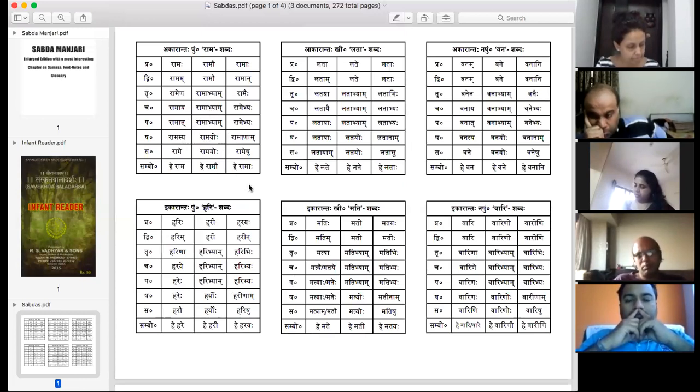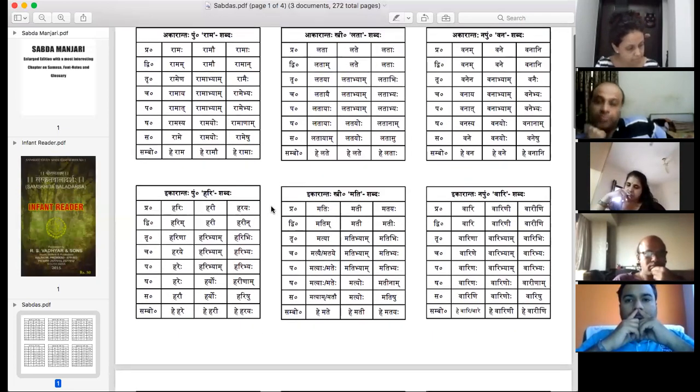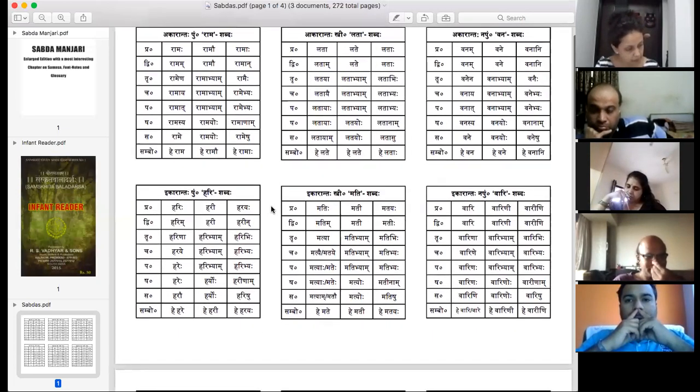So you just memorize all these shabdas. In fact, someone was asking me, do I have to memorize all of these? This is already a very, very small extract of a bigger subset. I have not even introduced that.